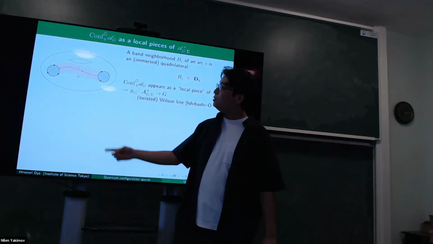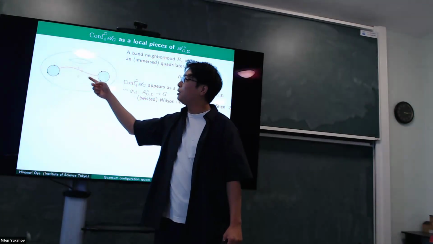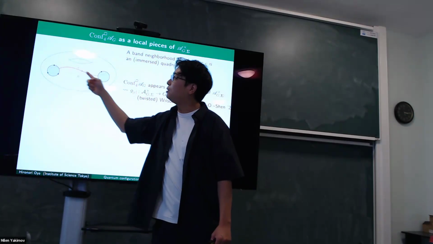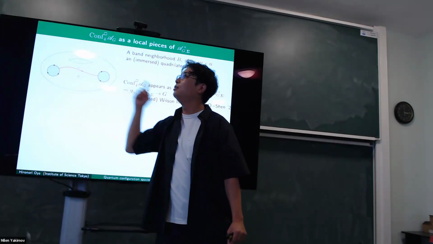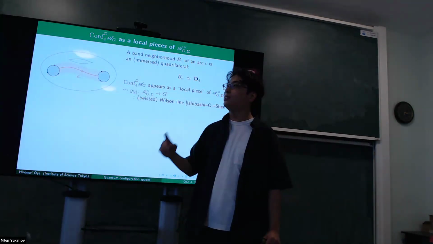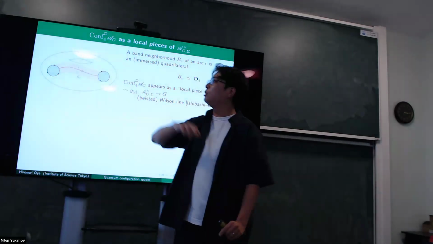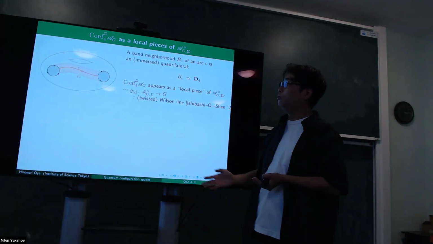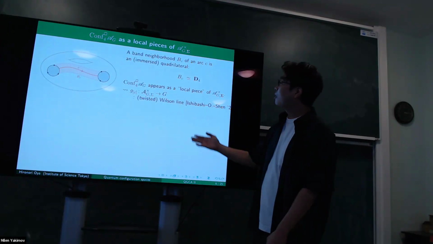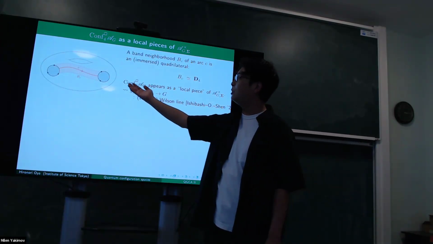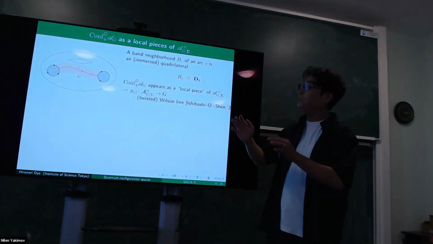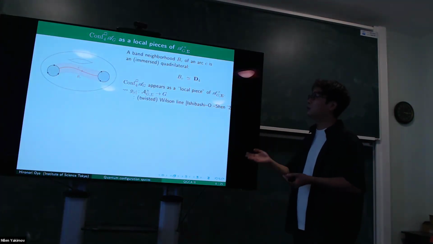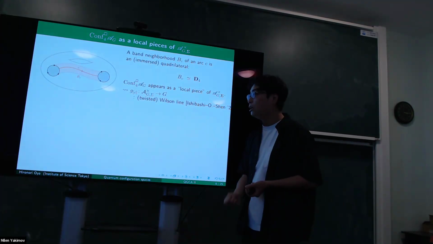But usually we don't impose the generic condition between these two non-consecutive points. In this way, the partially generic configuration space appears. And this should serve as a local piece of the quantized moduli space.